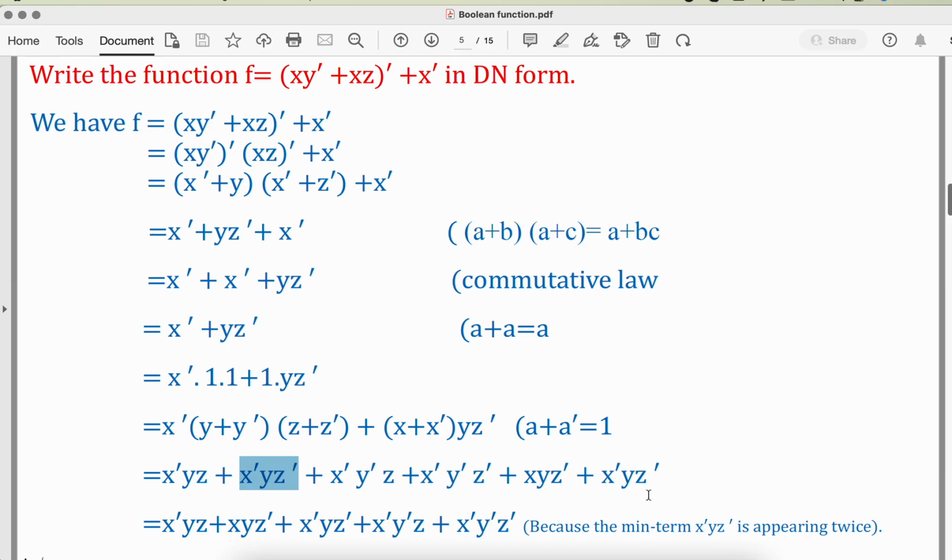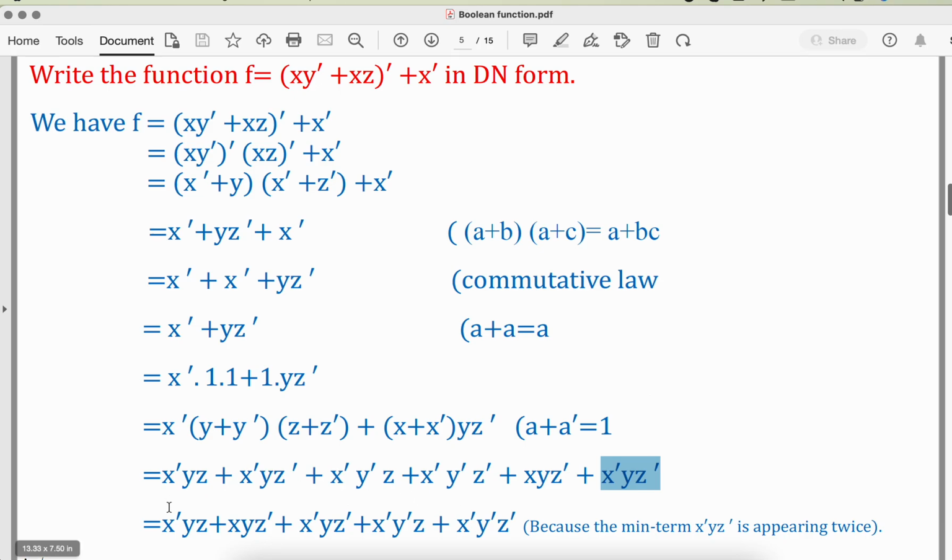So I have not written this term because this term is appearing twice here. So I have not written this term. x dash yz, x y z dash, x dash yz dash, x dash y dash z, and x dash y dash z dash.